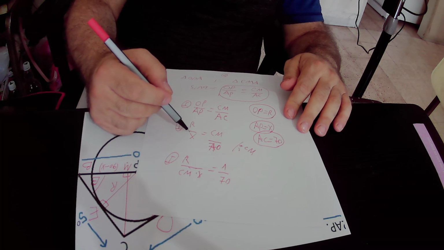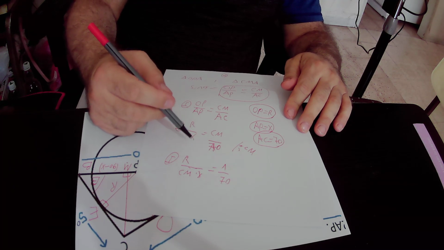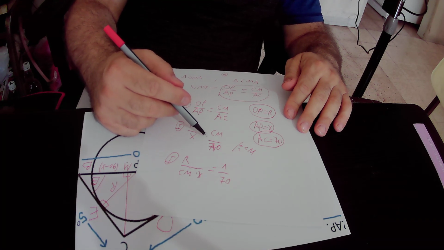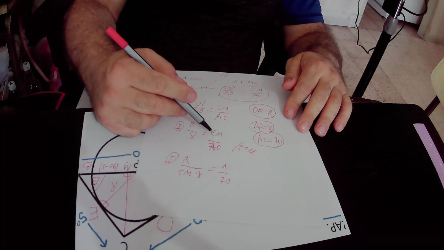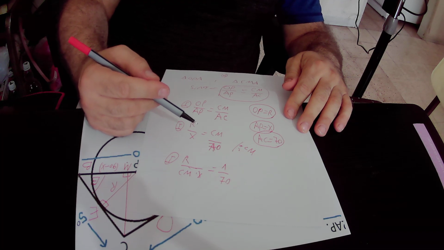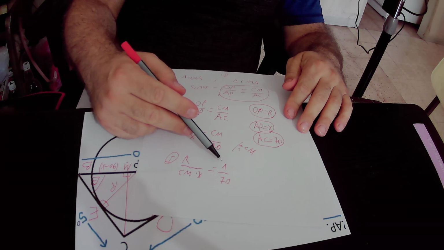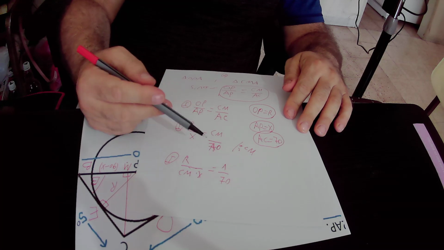R over X divided by CM equals R over CM times X. And CM over 70 divided by CM equals 1 over 70, because we have CM in the numerator and we have CM also in the denominator, so CM is cancelled. So we are left only with 1 over 70.